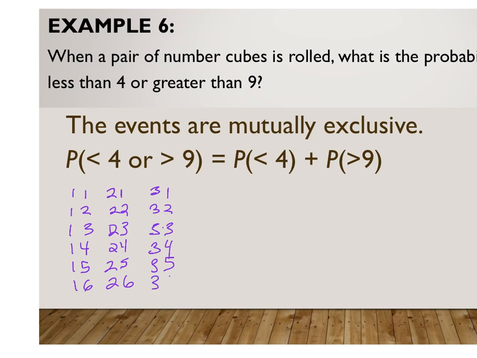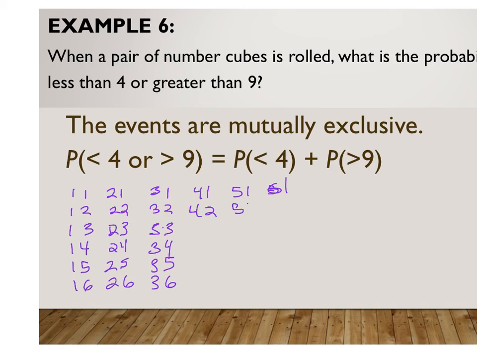Now, the probability of getting less than a 4. Sorry, that should be a 4, not a 3. 4, 1. We have 5, 1, and 6, 1.